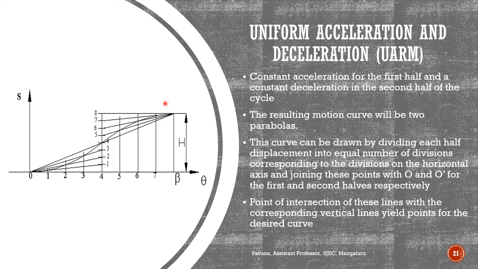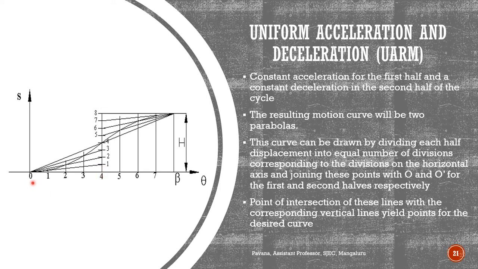If you want to draw this, we first draw the displacement diagram, then we divide that into an equal number of divisions. Corresponding to the division, if you are dividing here 6 parts, then here 6 parts. In the diagram what you see here is we have divided the x-axis into 8 parts, so the middle line will be divided into 8 parts.